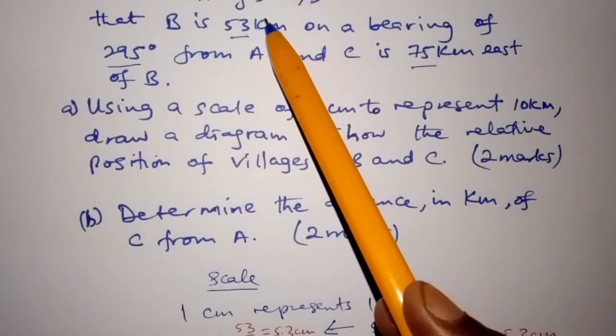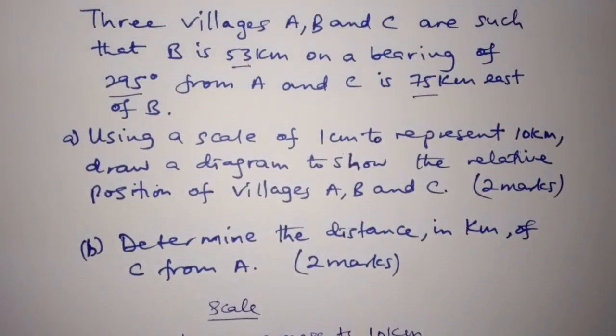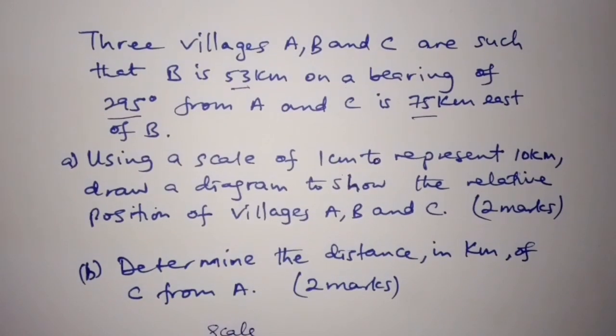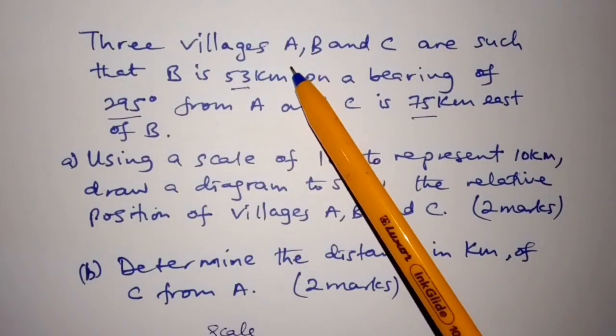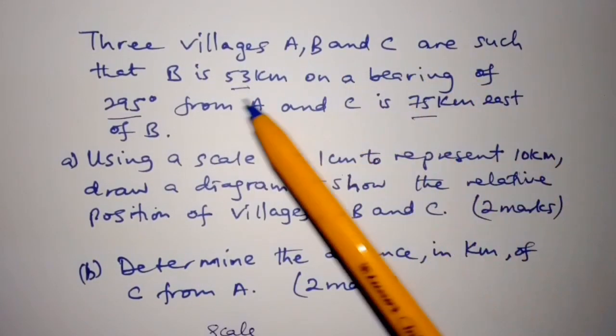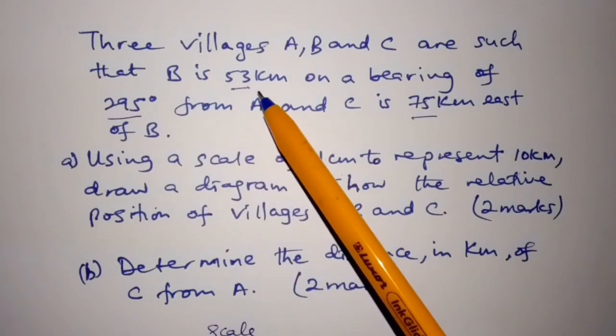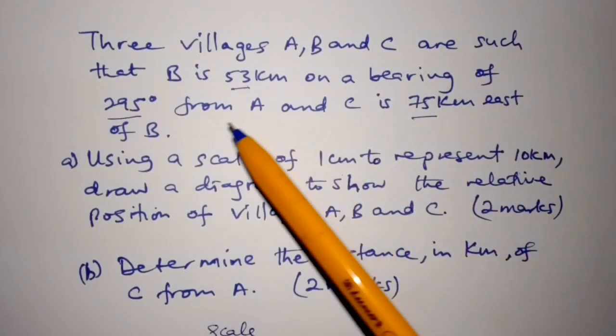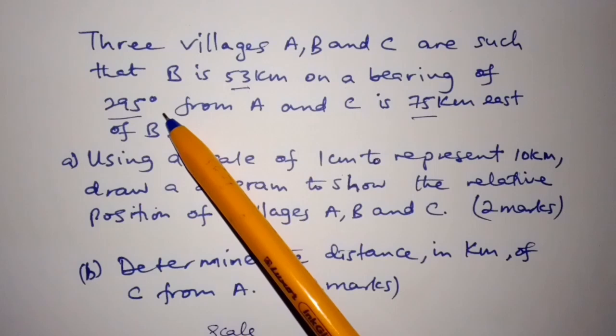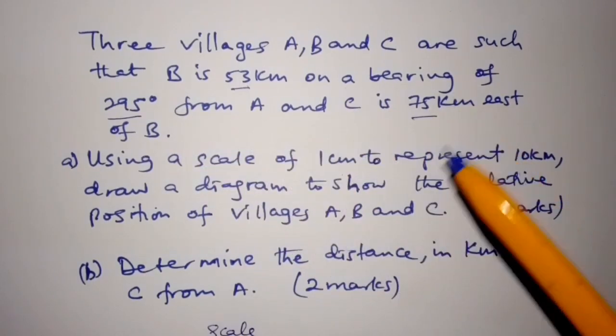Three villages A, B, and C are such that B is 53 km on a bearing of 295 degrees from A.